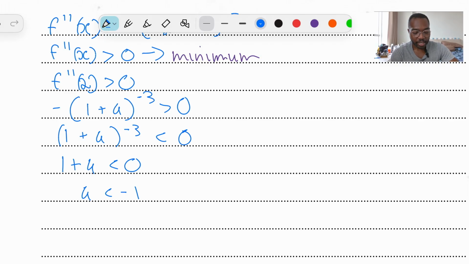If k was minus 2, for example, then you get 1 minus 2, which is minus 1, still less than 0. And any value less than minus 1 will give a negative value. So the values of k are just values less than minus 1.